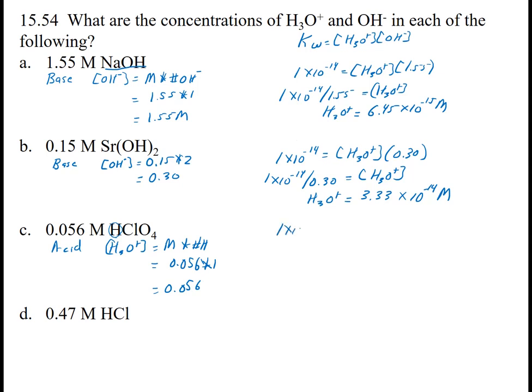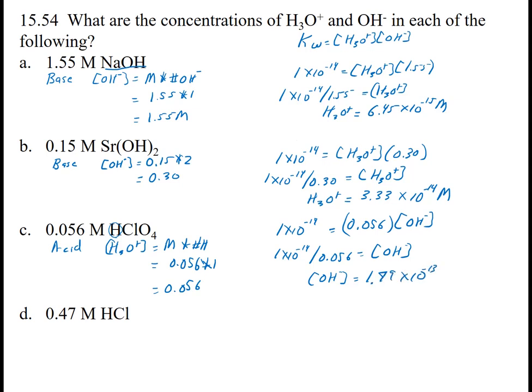So 1 times 10 to the minus 14th. This time it's the hydronium I know, 0.056. It's the hydroxide that I don't know. So I'm going to divide both sides by the 0.056. So 1 times 10 to the minus 14th divided by 0.056 is equal to OH minus. And so my OH minus is 1.79 times 10 to the minus 13th molar.